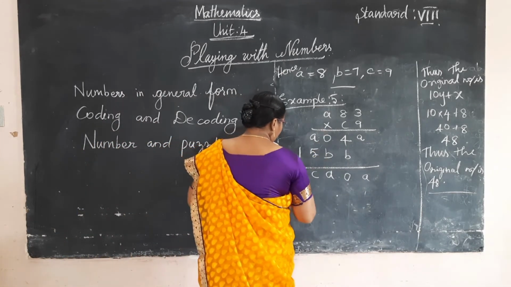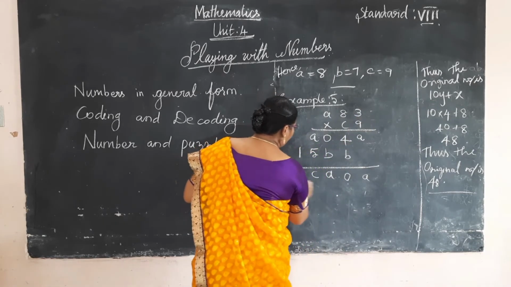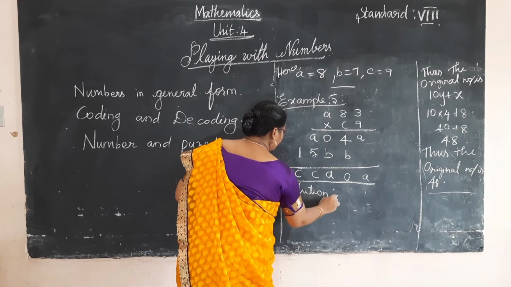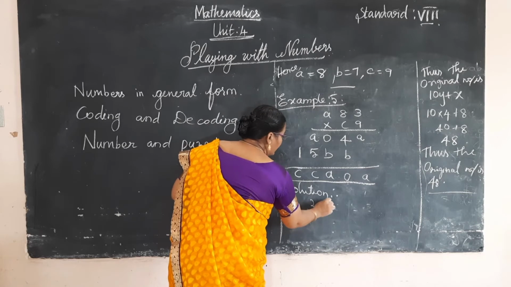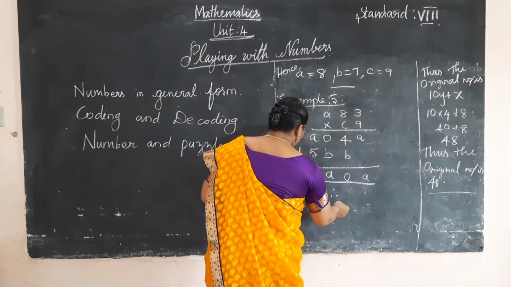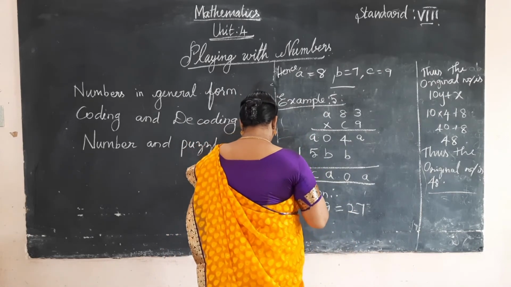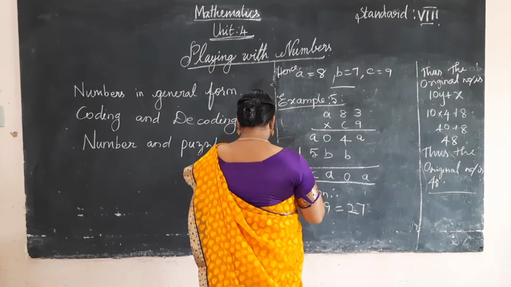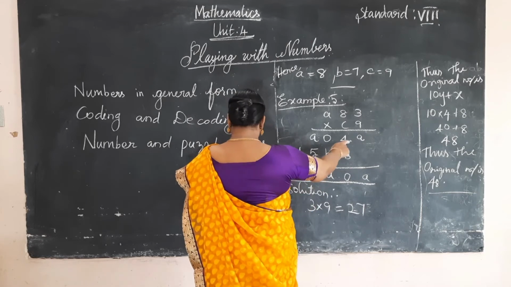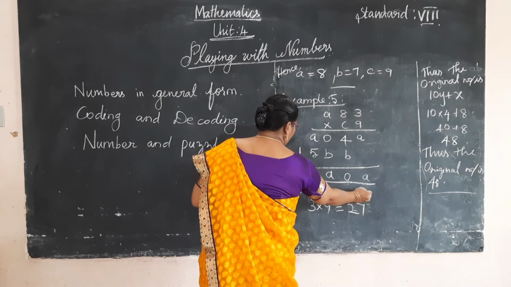So first multiply 3 into 9. Solution. 3 into 9, multiply these values. 3 9s are 27. Here the value in the place of A is 7, the ones place.